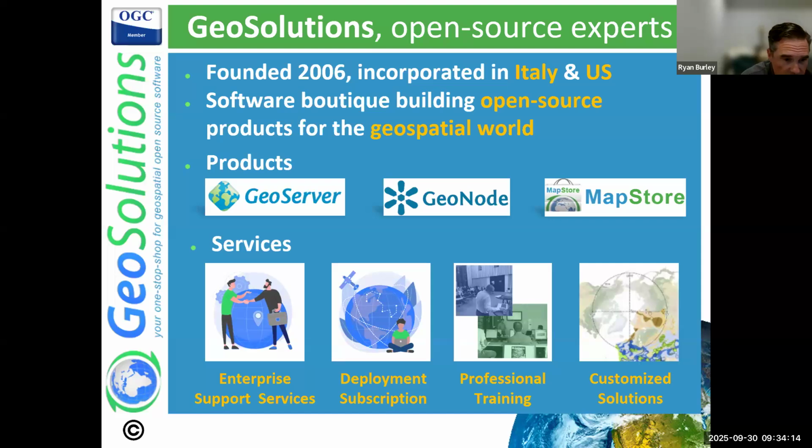Then we also have custom solutions. If you're building an application that relies on open source products, anything involving the entire geospatial data pipeline, from sensors all the way to front-end user visualization and analytics applications, we can help you with that as well. That's a brief rundown of some of the services we provide.